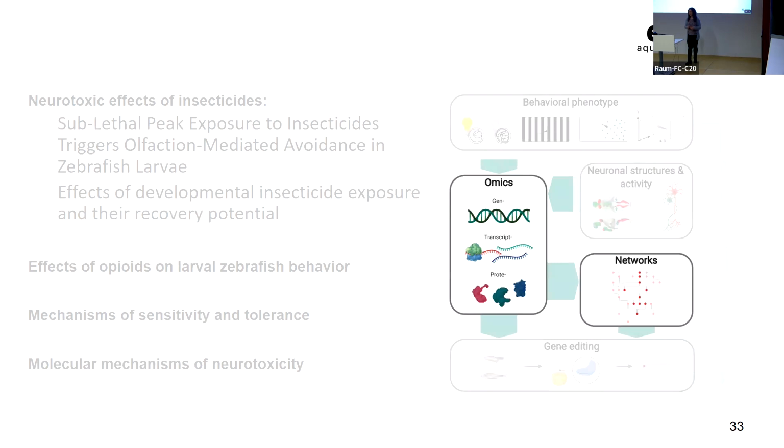So now we are moving one level further down. I've shown you before how we did structural analysis and neuronal activity analysis, and now I will show you which tool we generated to predict molecular mechanisms of neurotoxicity.